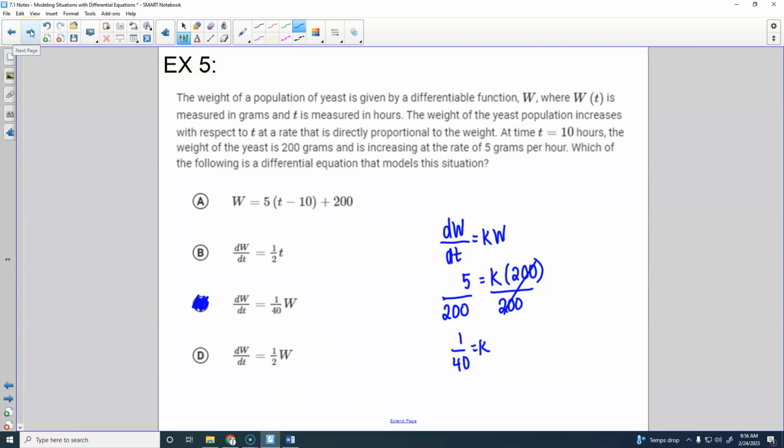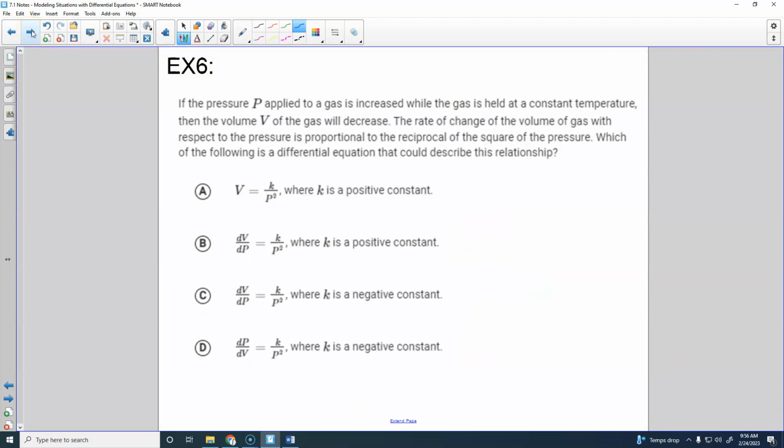All right. For that last one, A, like on a lot of these, is not a differential equation, so it's out. If the pressure P applied to a gas is increased while the gas is held at a constant temperature, then the volume of the gas will decrease.